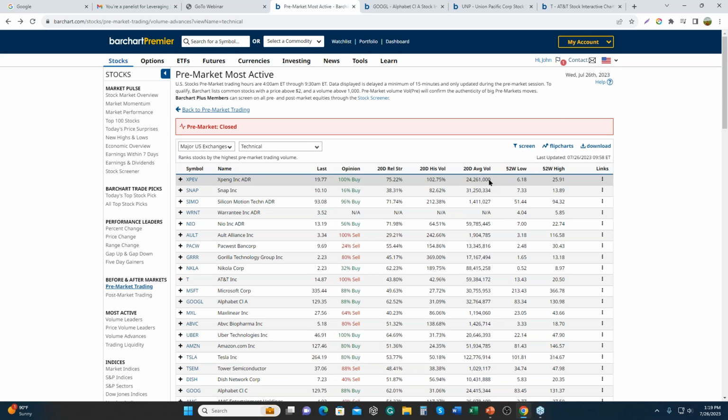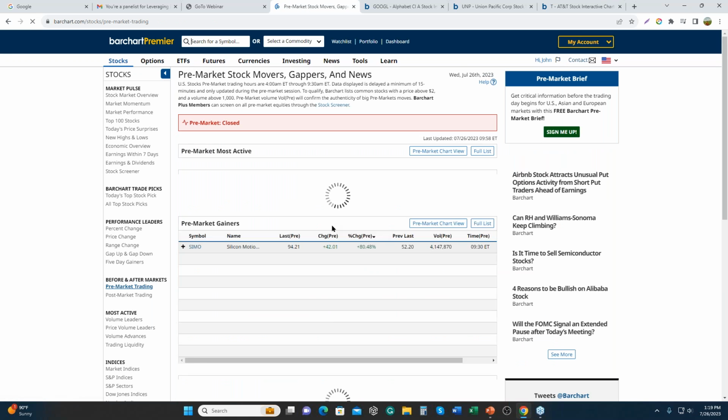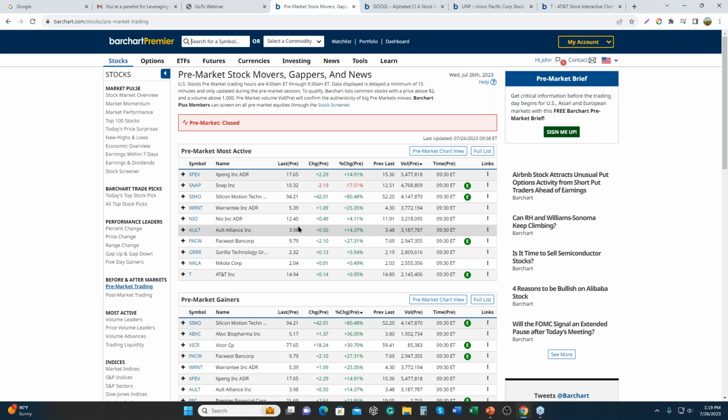All right, the second simple rule that I'm going to use on the most active page, and I'm going to apply this also to my market gainers or my market losers, is I'm going to look at the pre-market percentage change.